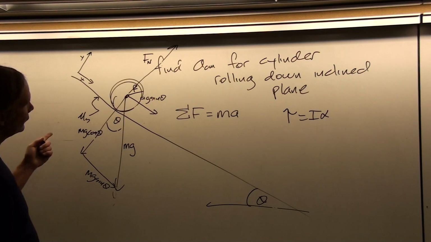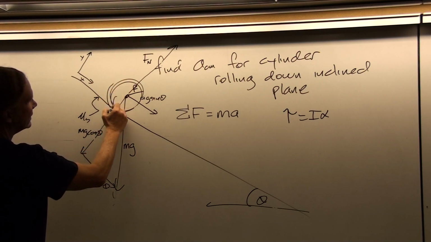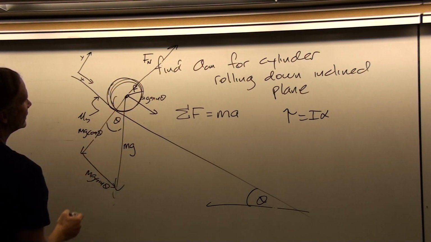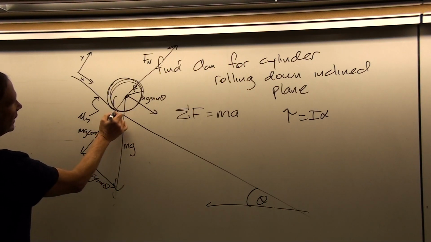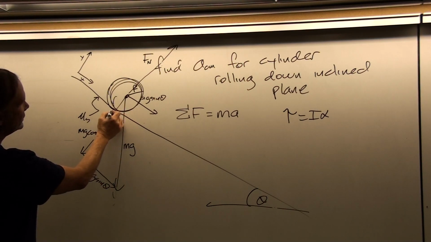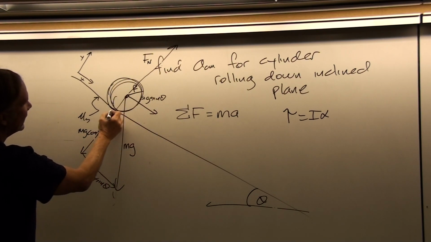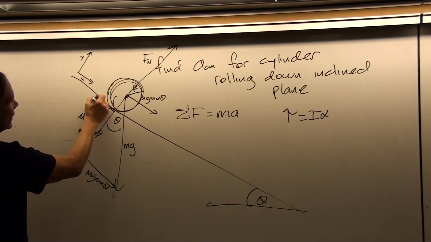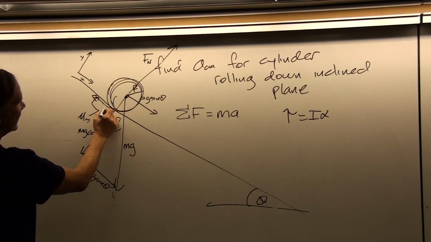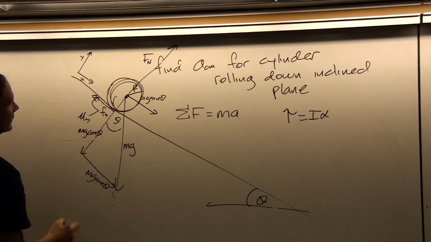And so we have one other force acting here, and that's the force of static friction. And so that's what causes this mass to rotate, is that it's going to tend to want to slide this way, but the static friction force acts to oppose that. And so this is F static.